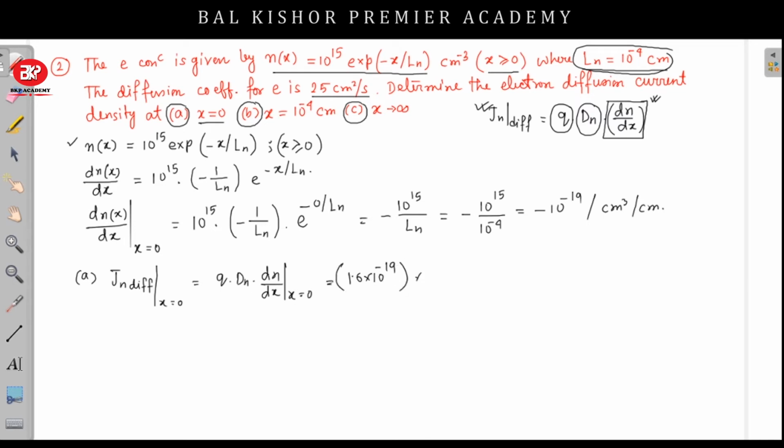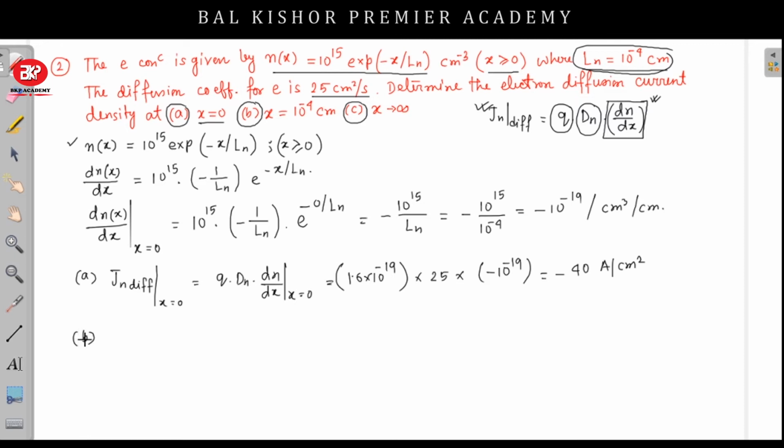Dn is given, capital Dn, that is 25. So let's put the value of 25, and we have already found dn by dx, which is minus 10 to the power 19. After calculation, we will find that it will be minus 40 ampere per centimeter square. So we have found the diffusion current density at x equals to 0.